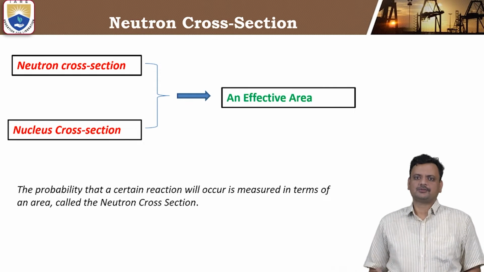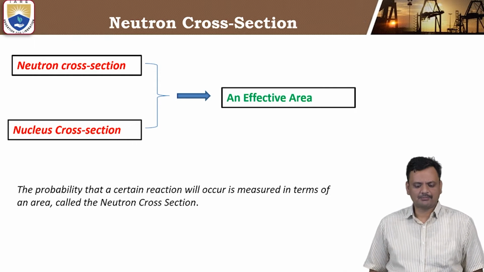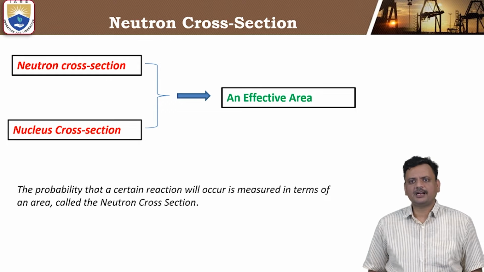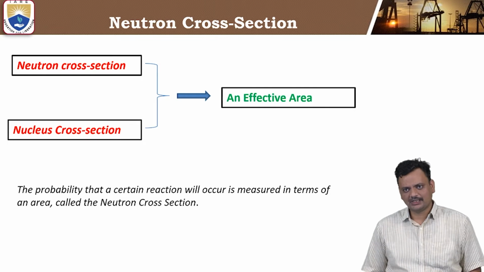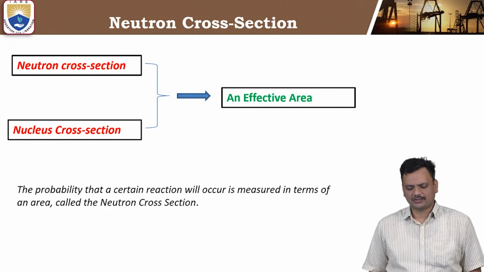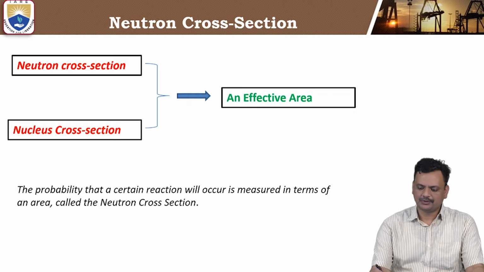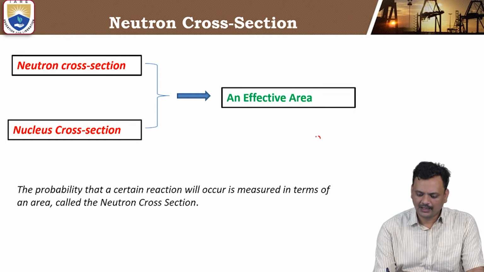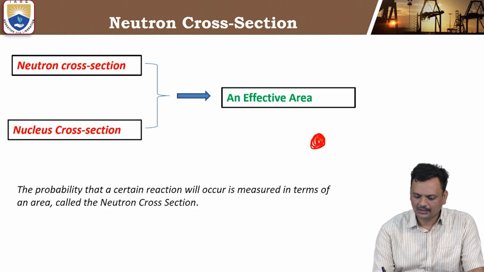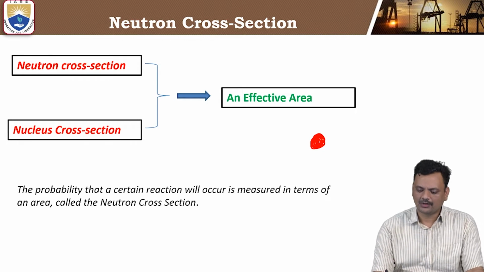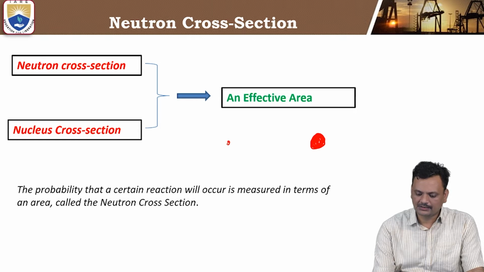It is clearly written here: the probability that a certain reaction will occur is measured in terms of an area called neutron cross section or nucleus cross section. Suppose this is your nucleus which is going for nuclear reaction, and this is an incident particle, suppose a neutron.